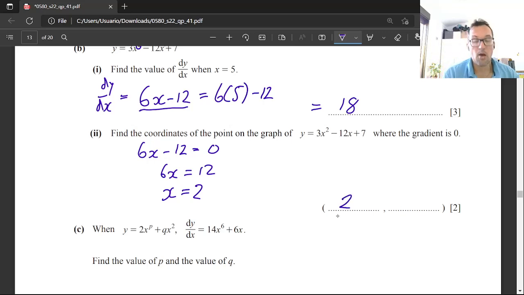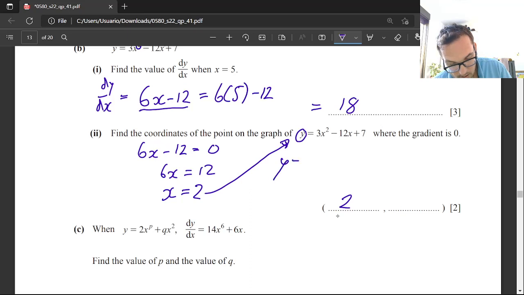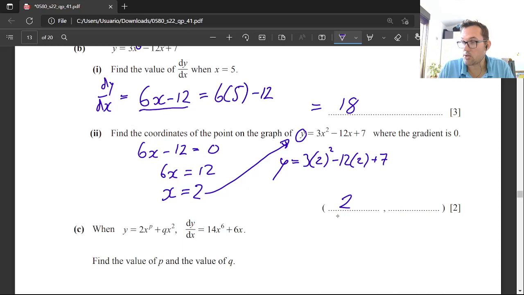Finding the y value, we substitute that into the original equation. So y equals 3 times 2 squared minus 12 times 2 plus 7. Hammer that into your calculator quickly, and that gives you minus 5. Remember, that's what I showed you on the graph.